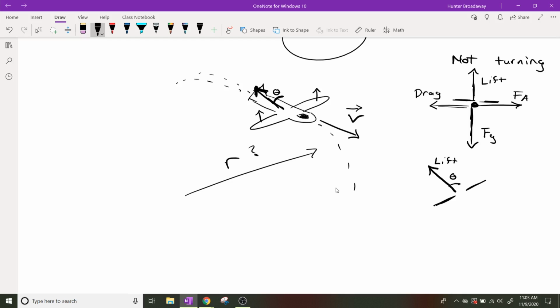So can we figure this out? It would still have drag. Yeah, it would still have drag. And it would still have an applied force too. It would still have both. The applied force and the drag, since it's going at a constant speed, are going to be equal to each other.